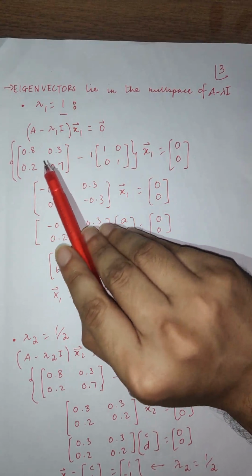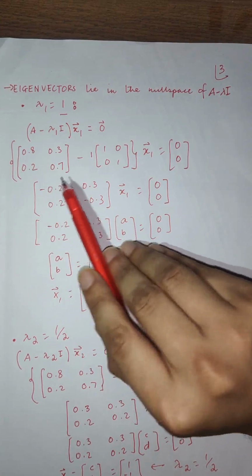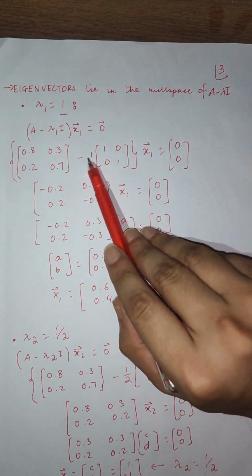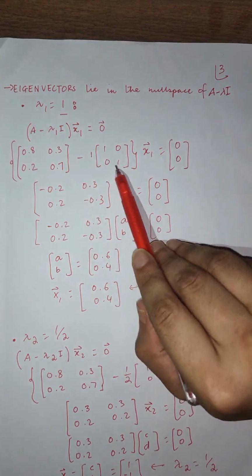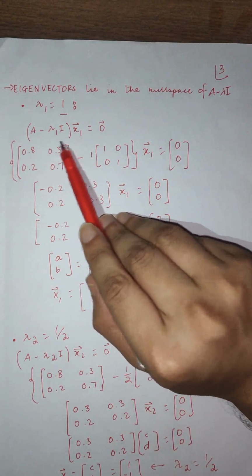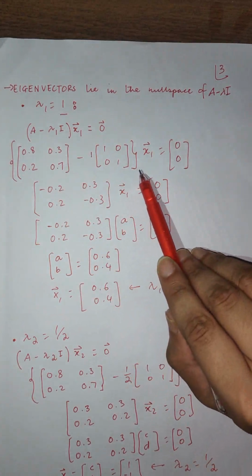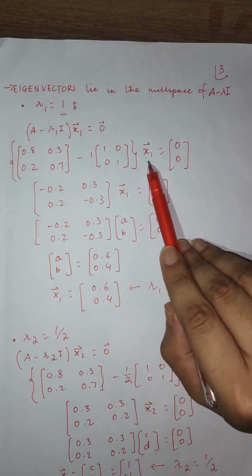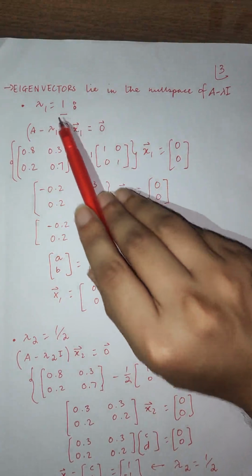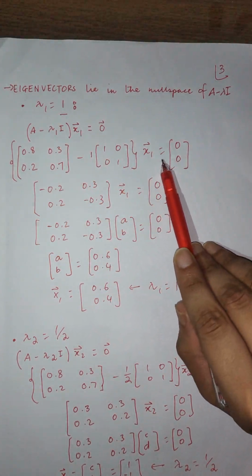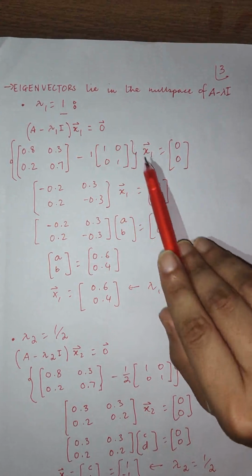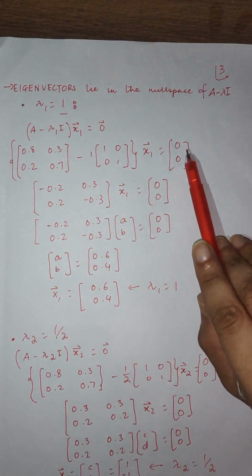And then A, as you know, is the Markov matrix, minus the first eigenvalue, which was 1, times the identity matrix. So we're done with what we have inside the parentheses, times this vector, and like I said before, this is the eigenvector for the first eigenvalue, and it is equal to the 0 vector, which we can expand and write as a vector containing all zeros.